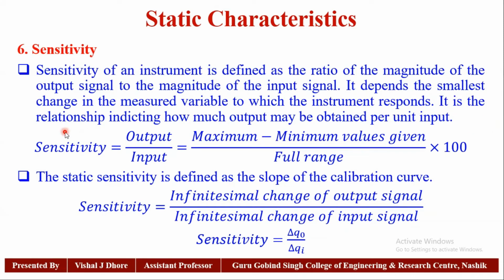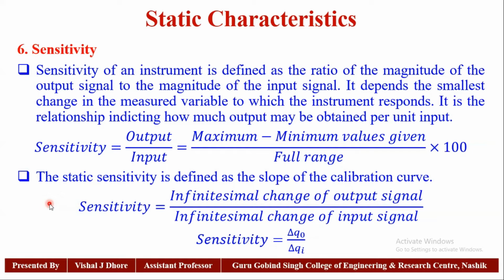It is a relationship indicating how much output may be obtained per unit input. So the formula is sensitivity is equal to output upon input, where the output may be the maximum minus minimum values divided by full range into the percentage.